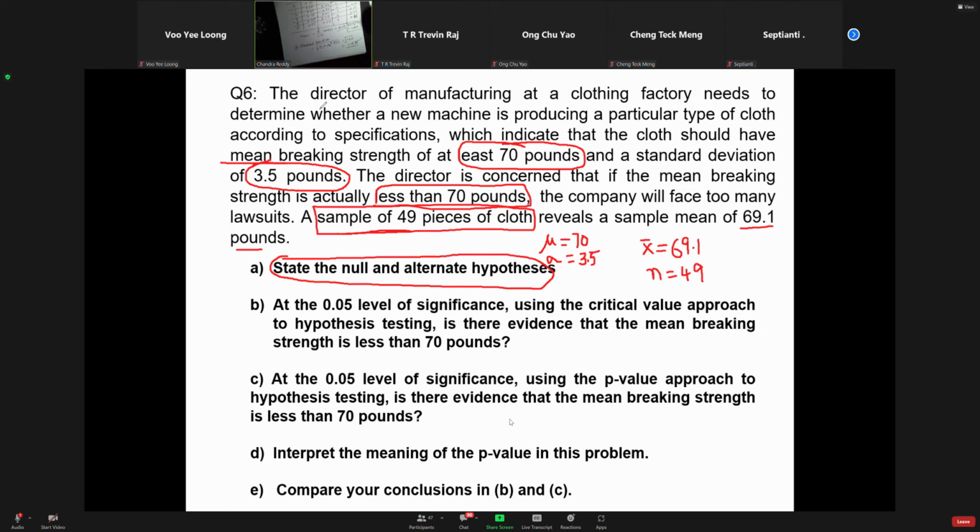Now you can see that the director is concerned that the mean breaking strength is actually less than 70 pounds, okay? So from this, how can you write the null and alternate hypothesis?